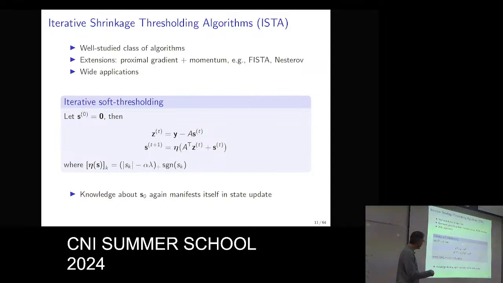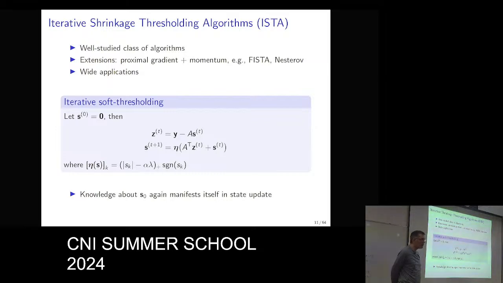The iterations are of this form, where at the top you compute the residual y minus A s_t. And at the bottom, you update your state by looking at this term that we're familiar with, A transpose z_t plus s_t, which we call the effective observation. But this time, we have to do something to it, something that captures what we know about the problem.